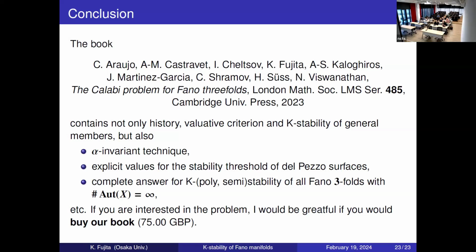Actually, in order to show it is strictly semistable, we construct a polystable degeneration. So in this case, the good moduli space is associated to one point. Yes, a K-polystable degeneration.